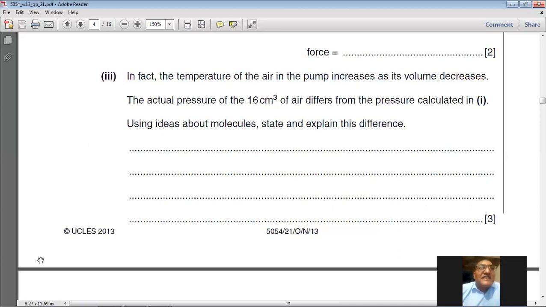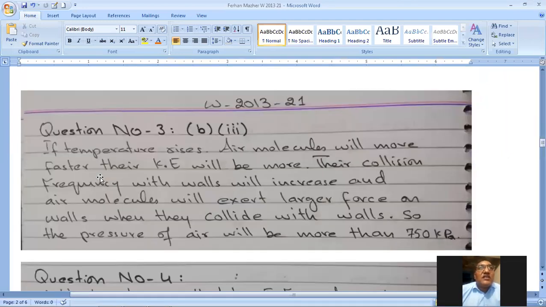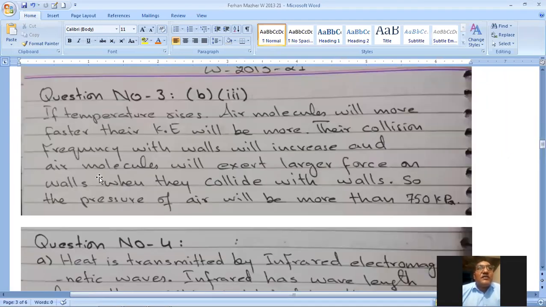I've written this answer. Let me show you that answer. It's a 3-mark question. Here we go. If temperature rises, air molecules will move faster. Their kinetic energy will be more. Their collision frequency with walls will increase.